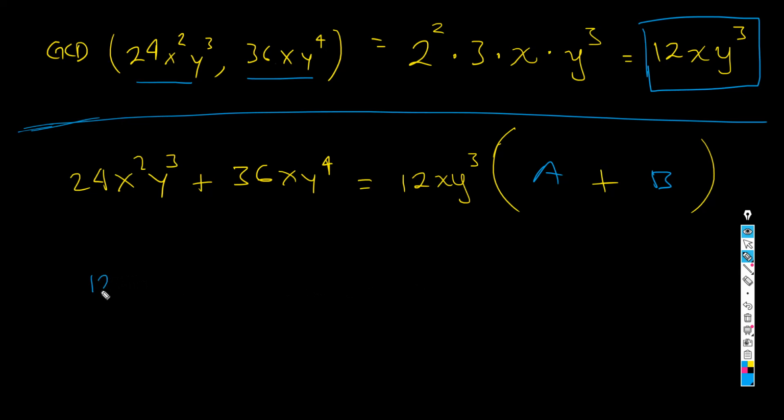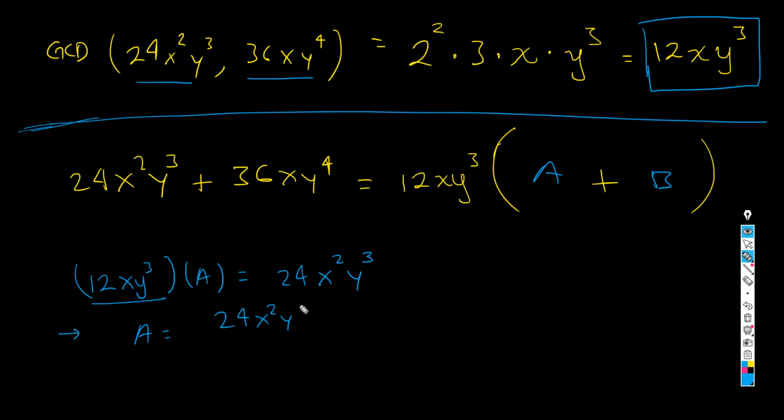I need 12x y to the cube times A to be equal to this 24x squared y to the cube. And if I want to find A, that's the whole purpose, I can just divide both sides by this number, or basically isolate A.